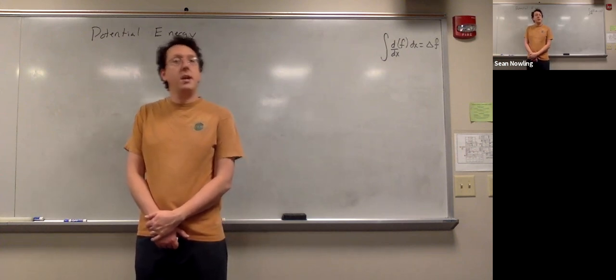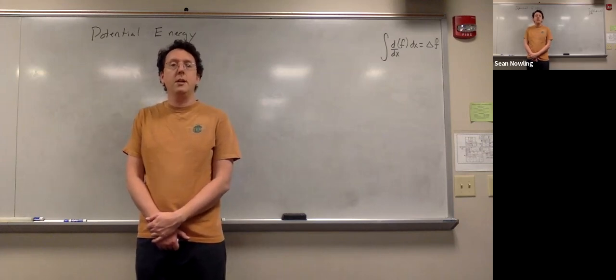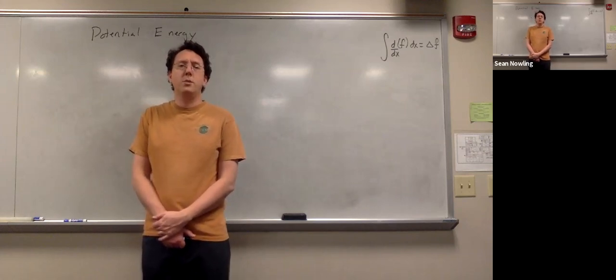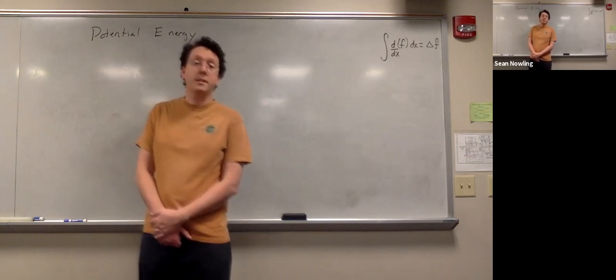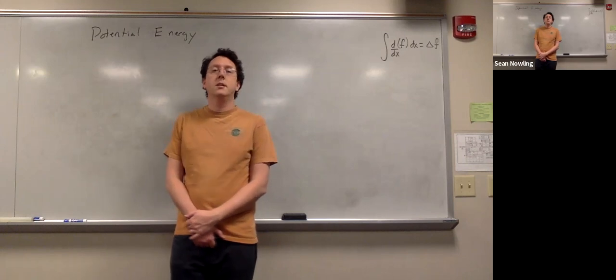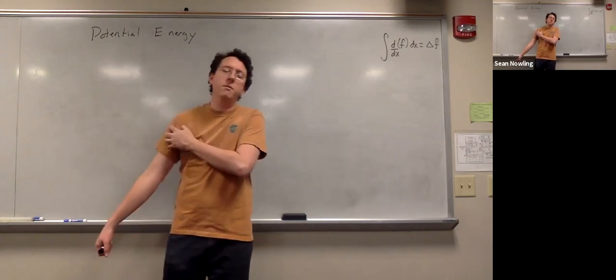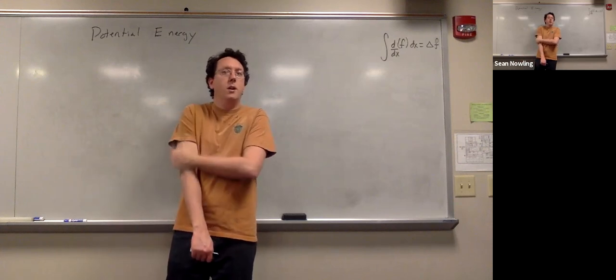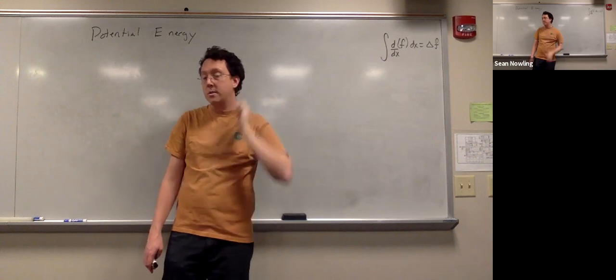And not just any force can be connected to a potential energy. It's only forces which are said to be conservative forces. And I'm not talking about politics, I'm talking about something special in the structural mathematical form of the forces. So I want to unwind that and we'll get to see how that works.